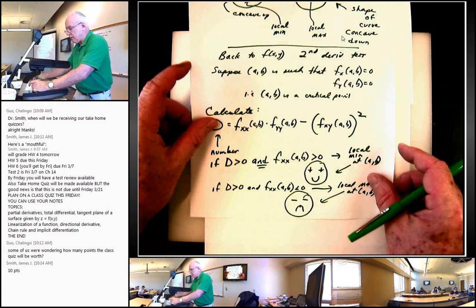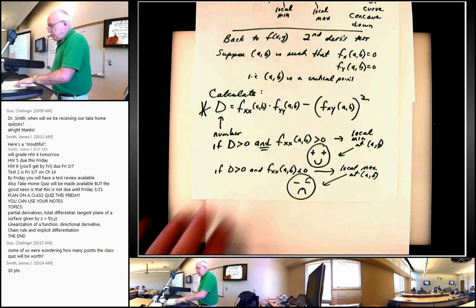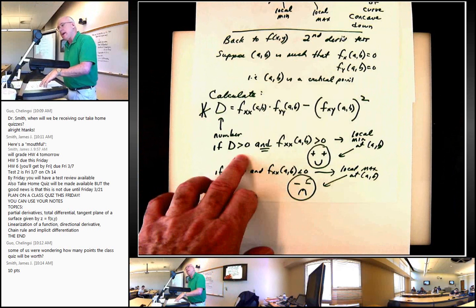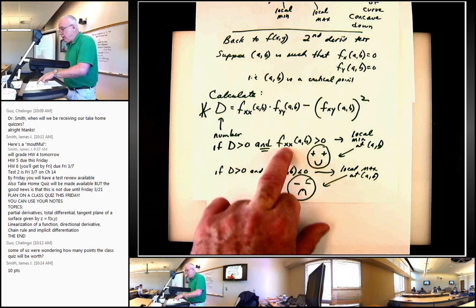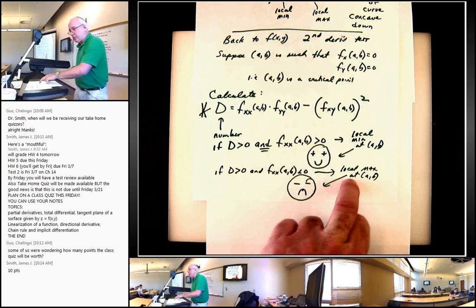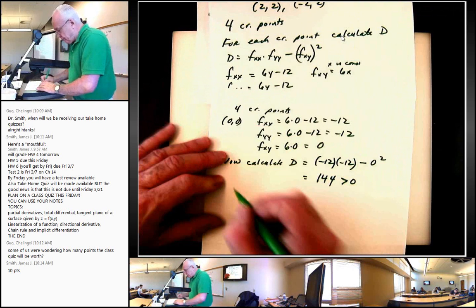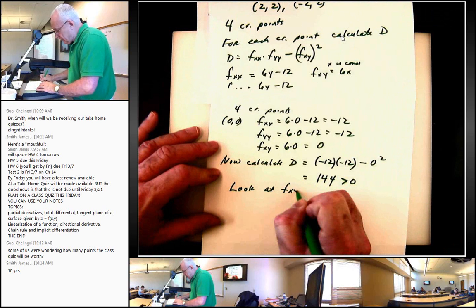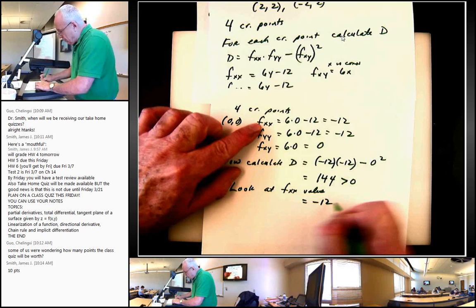Well, let me put back here the original test. If our d value is bigger than 0, what we have to look at next is the number value for fxx. If it's positive, we have a minimum. If it's negative, we have a maximum. So here, what did we get for fxx? We got that it equals negative 12.